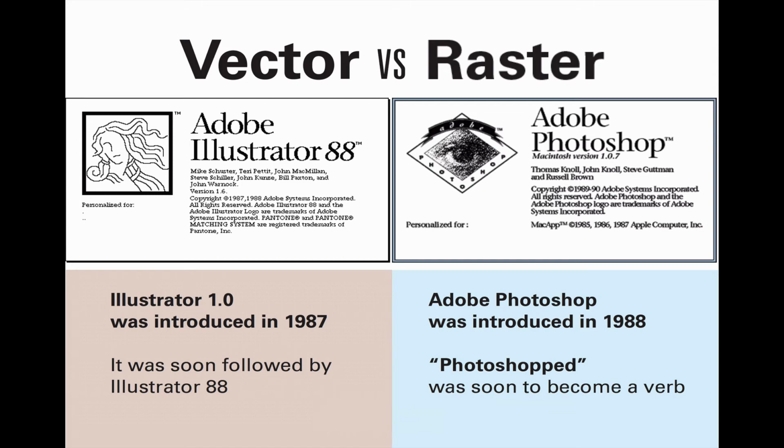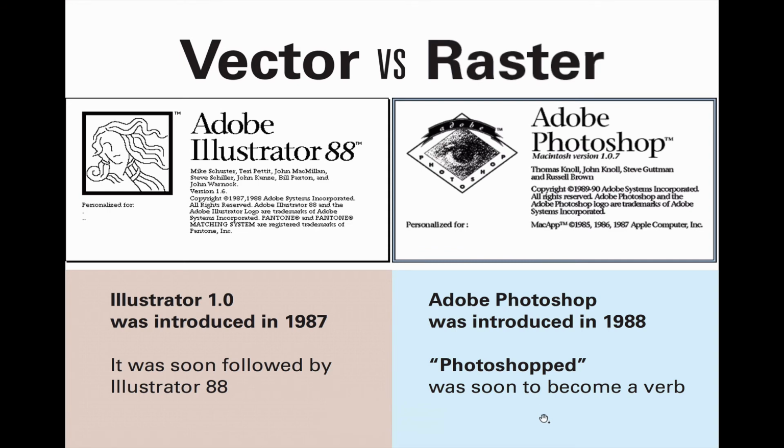Illustrator introduced this radical new vector technology, and Photoshop refined and perfected the existing raster technology. Photoshop caught on so greatly that soon Photoshop would become a verb, and it's a verb that we're all very familiar with.